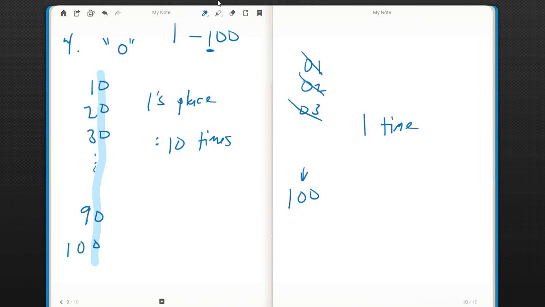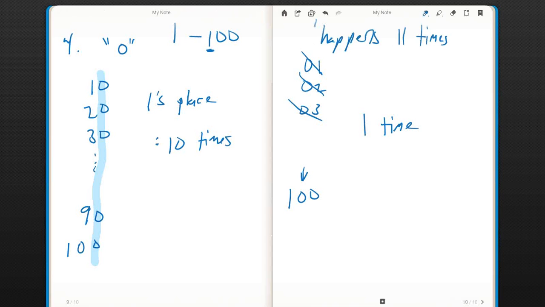So the systematic list tells us that we have a 0 in the numbers 1 to 100. That happens 10 or 11 times. 10 times in the ones place, 1 time in the tens place.